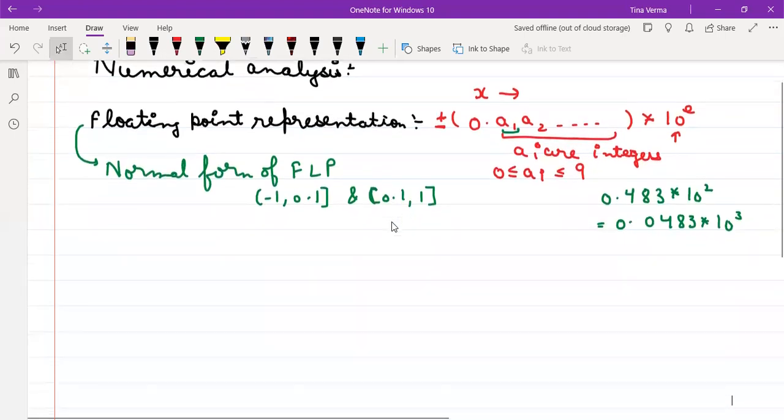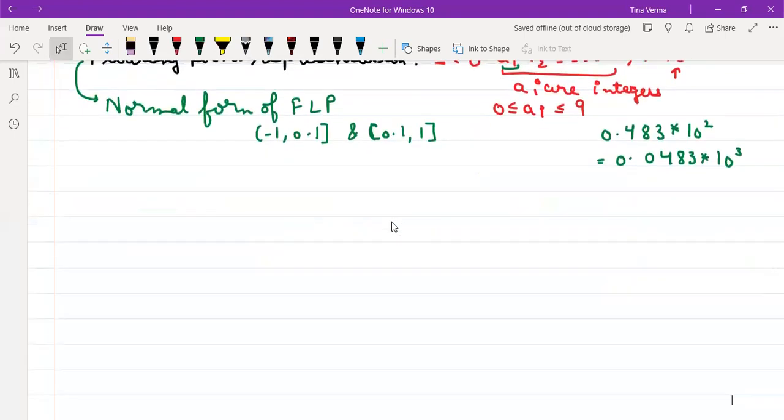Now, since we are using computers to store the numbers, the computer has limited space. So there are 2 ways to store the number: chopping and rounding.